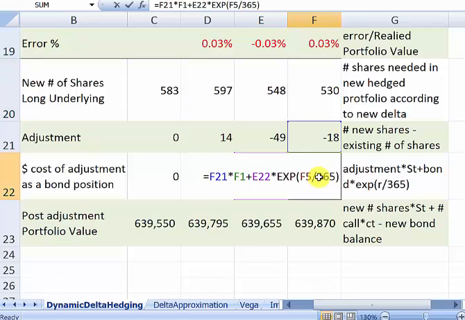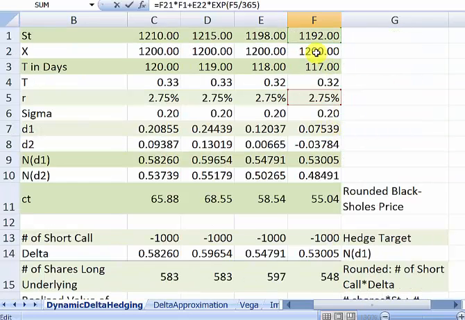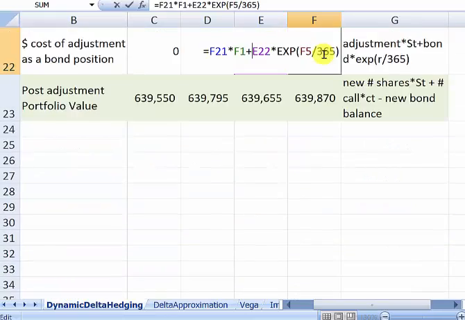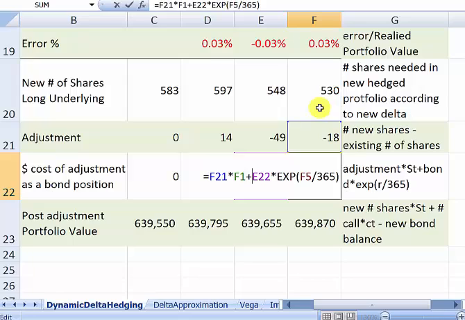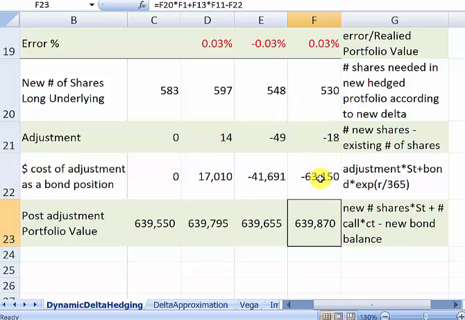This actually brings more, right? This 18 shares, the blue cell times the price up here, the green cell here. This is more proceeds, plus yesterday's proceeds.